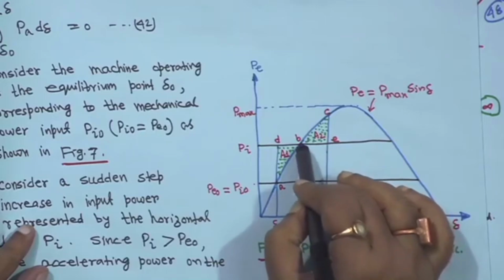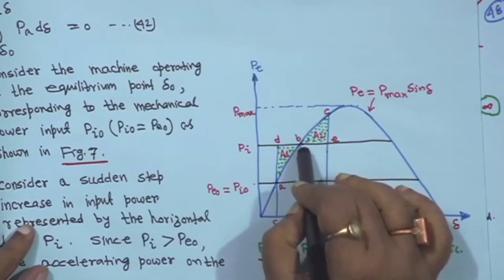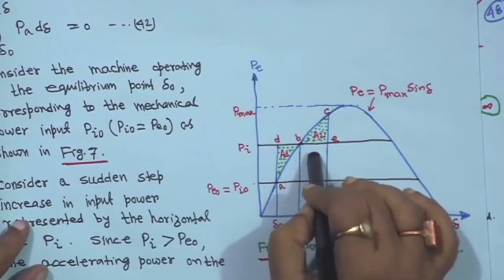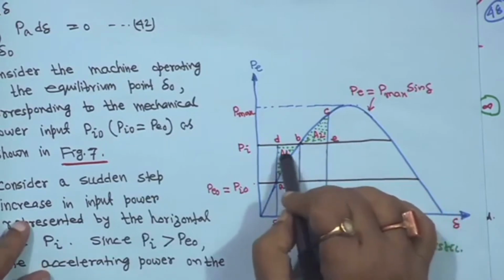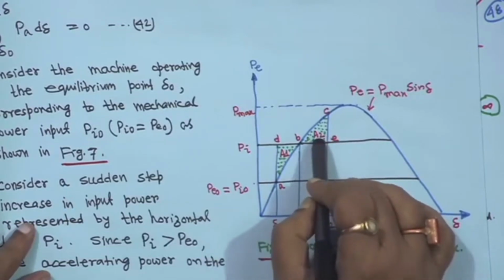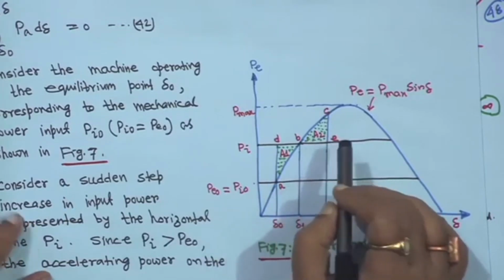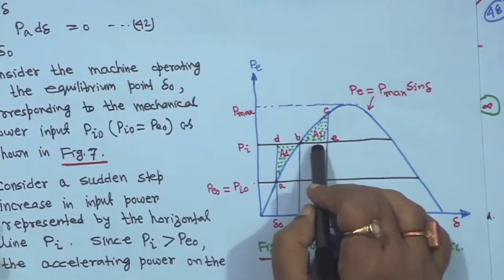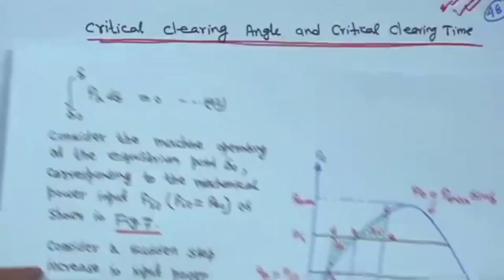Finally, it will be settled at point B. This is the philosophy of equal area criterion. That means, the accelerating energy, that is the area A 1, must be equal to the decelerating energy, that is area A 2, that we have seen. This is just to brush up our memories.